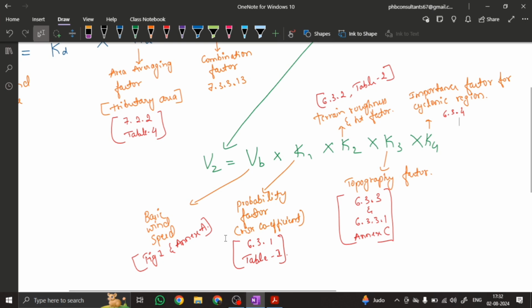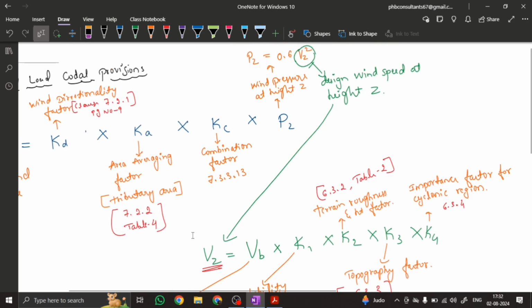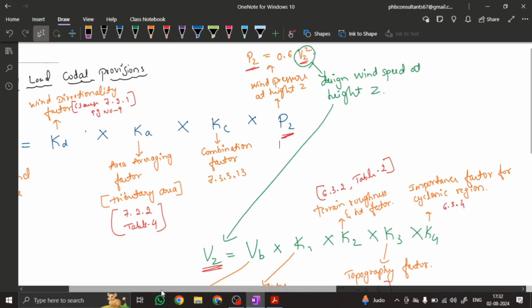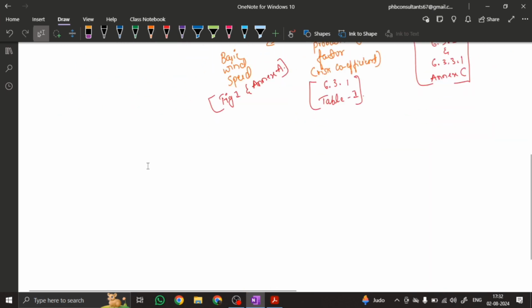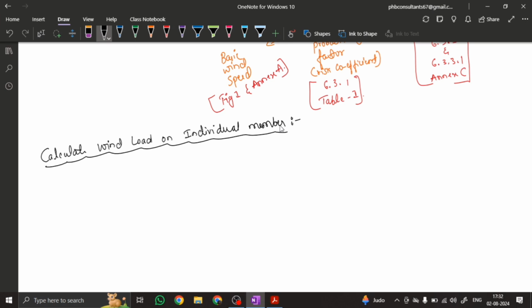Now our value comes, Vz, and then we put this Vz in here and we get the Pz value, and Pz we input here, and then we get our Pd value. Now if we have to calculate wind load on an individual member, then what is our formula?